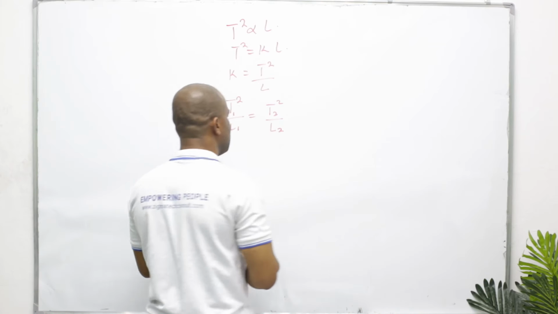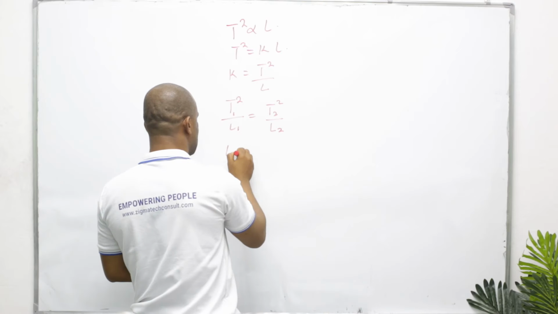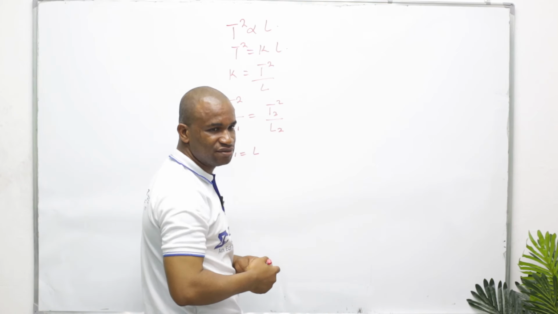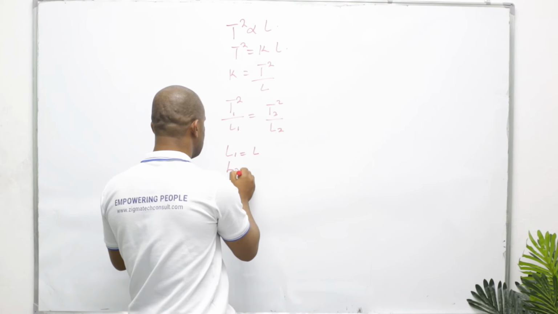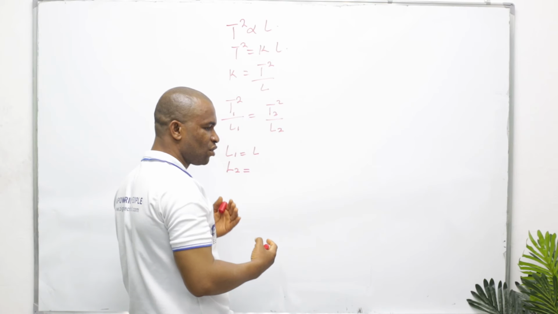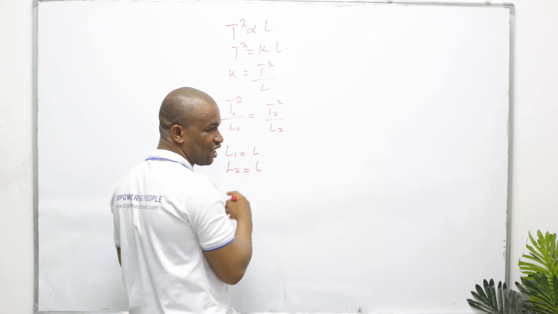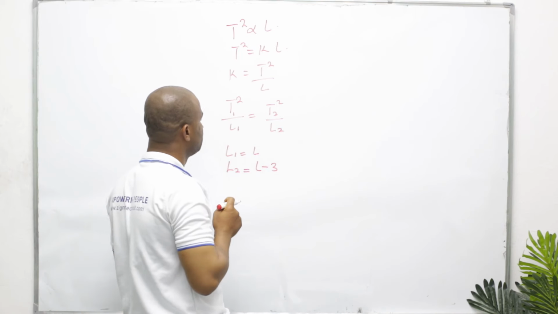But it happens that L1 from this question is given as L. We do not know the original length. But L2 was shortened by 3, so the original length, which I do not know, L, was reduced by 3. We remove 3 from it.